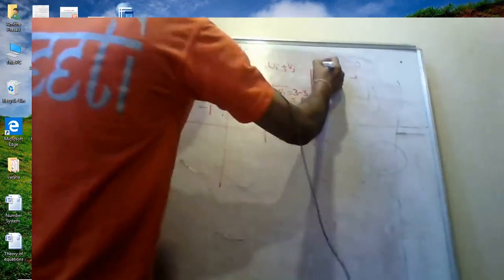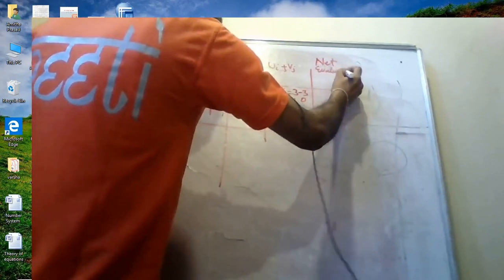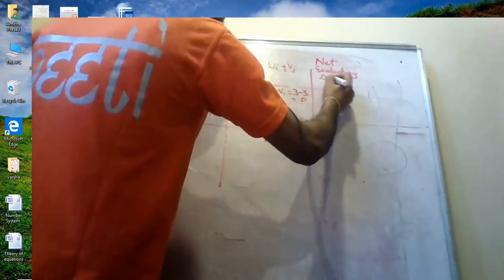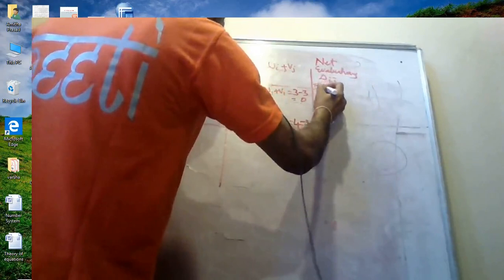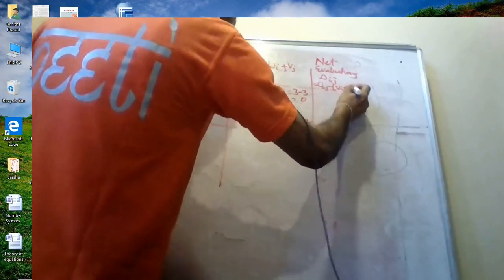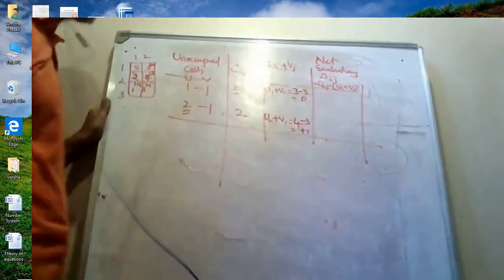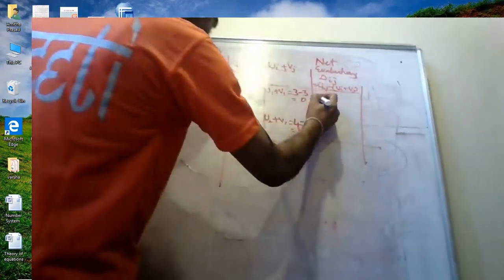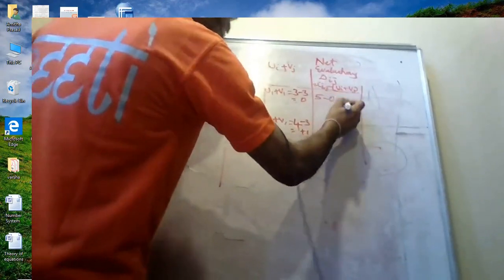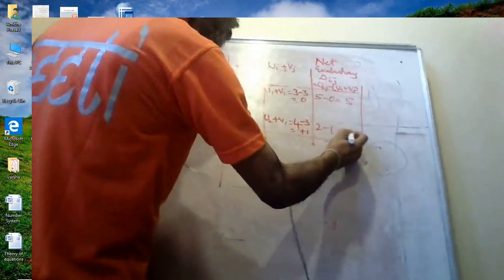Now net evaluations. Delta ij equals Cij minus (ui plus vj). So subtract this. 5 minus 0, 5. 2 minus 1, 1.